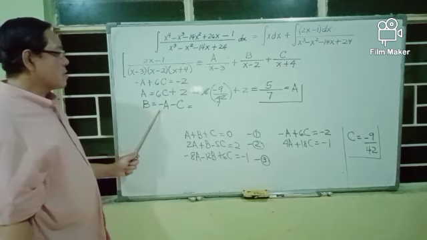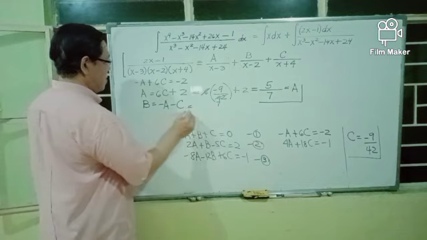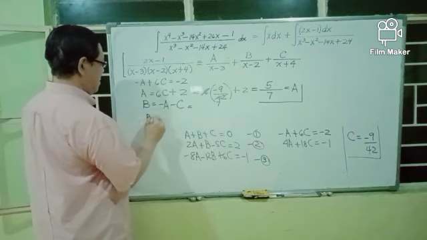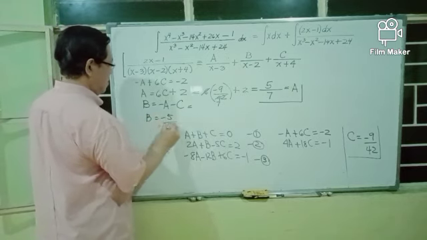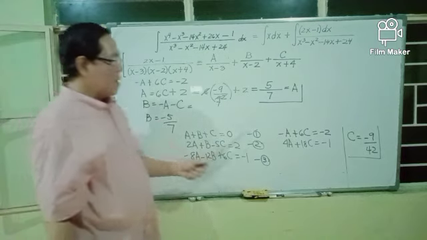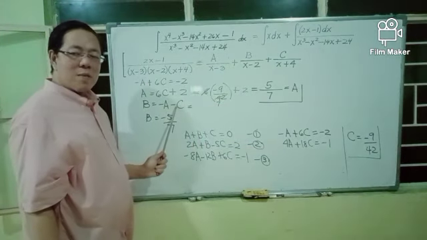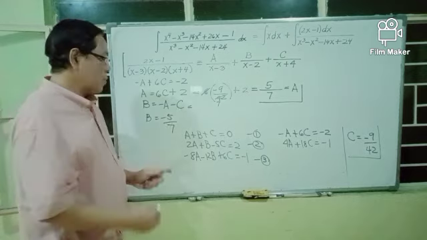We have minus a, which is 5 over 7, minus c. C is negative 9 over 42. Multiply by negative, that's positive 9 over 42.